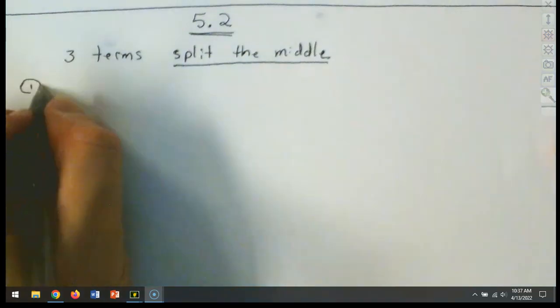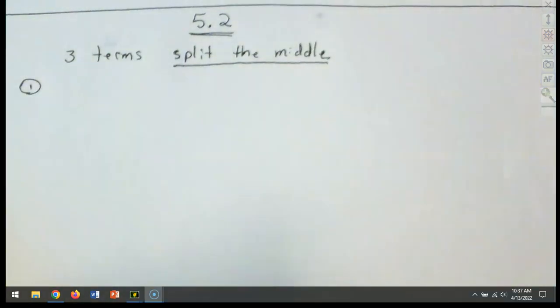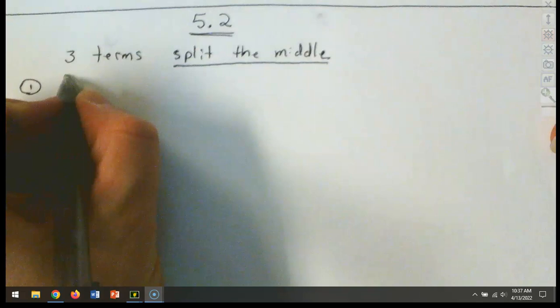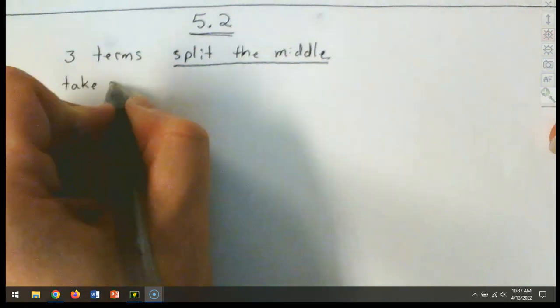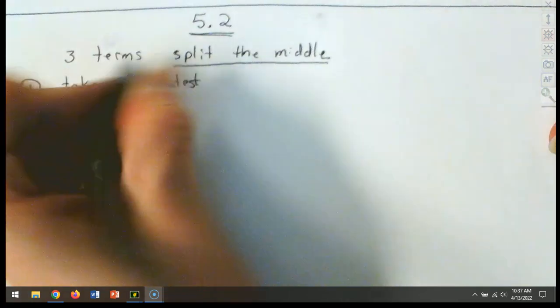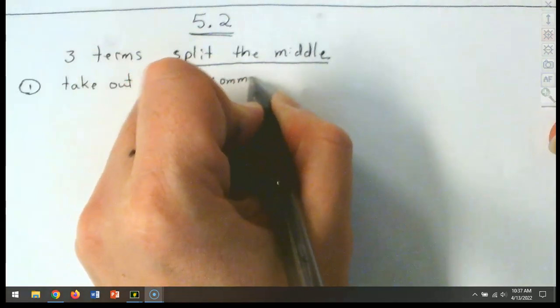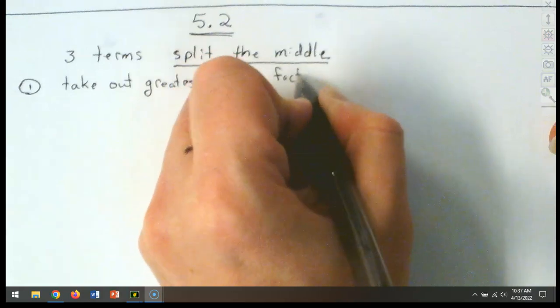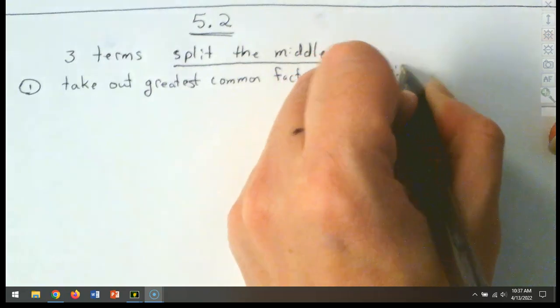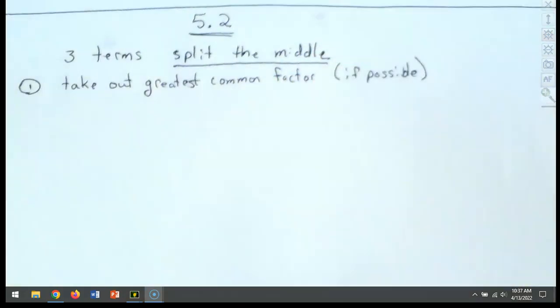So when you have three terms, step number one, just the same as you did when you had four terms, is you take out the greatest common factor if possible. Okay, so the first thing you do is you always take out the greatest common factor if possible.